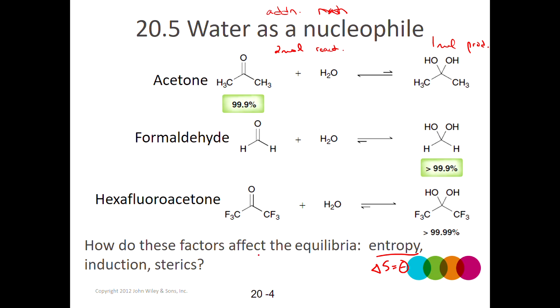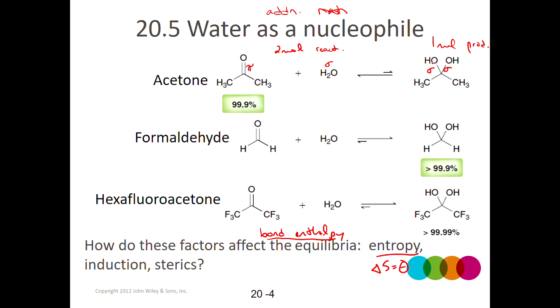Another factor that's not listed here, which definitely should be, is the bond enthalpy. If we're talking about bond enthalpy, what is happening here on net is a pi bond is getting converted into a sigma bond. We have to break this pi bond. We also break a sigma bond in the water, but then we're forming two new sigma bonds.